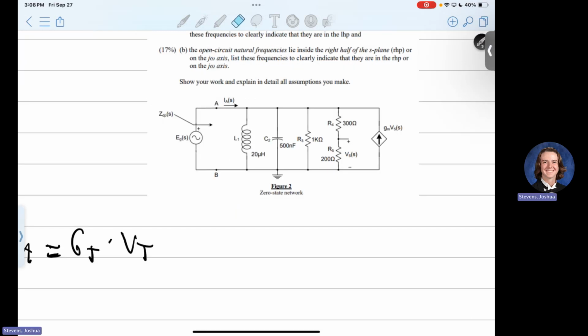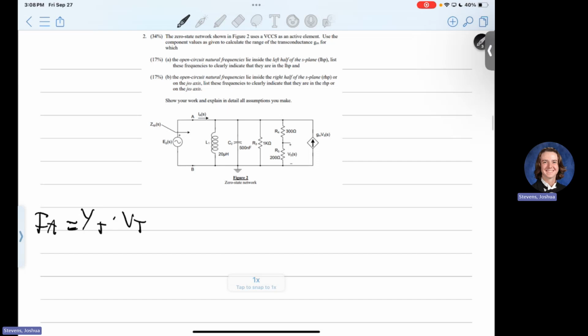Technically, in this case it'd be admittance, because we have components that are imaginary, meaning we need conductance plus susceptance, which is admittance. What is our total admittance and our total voltages?